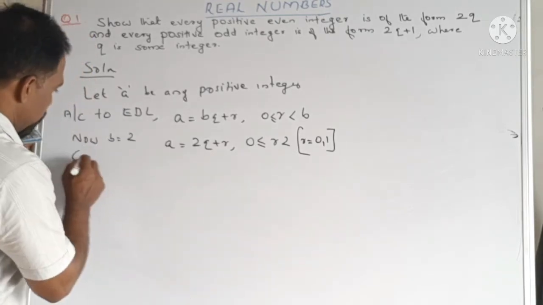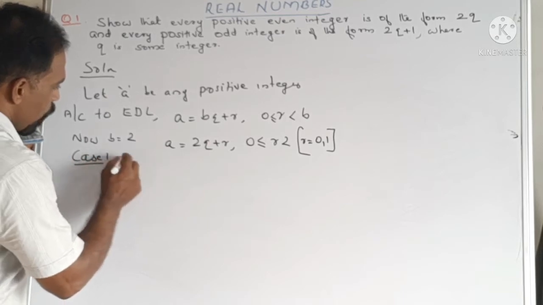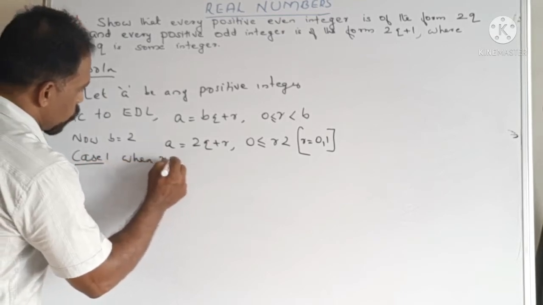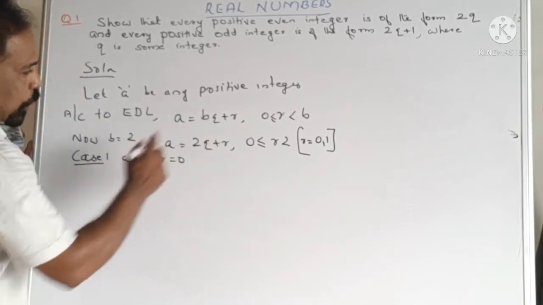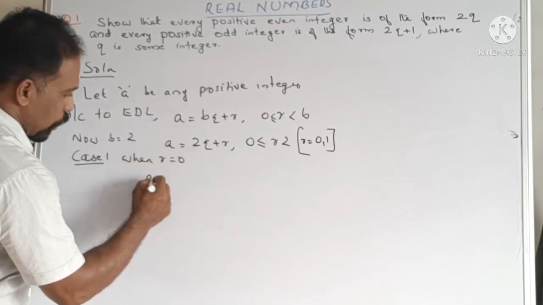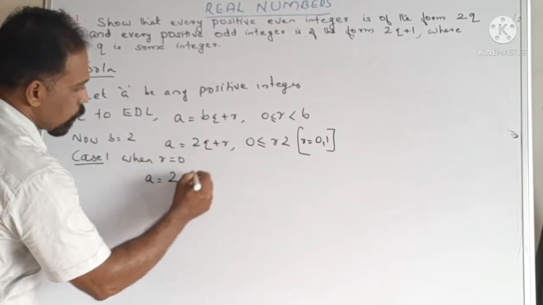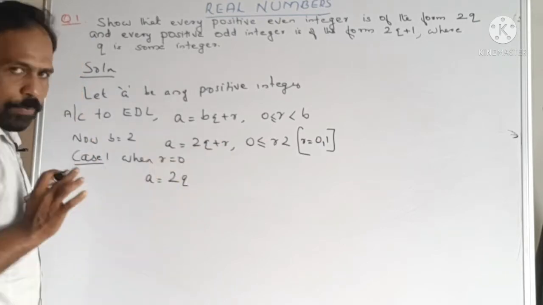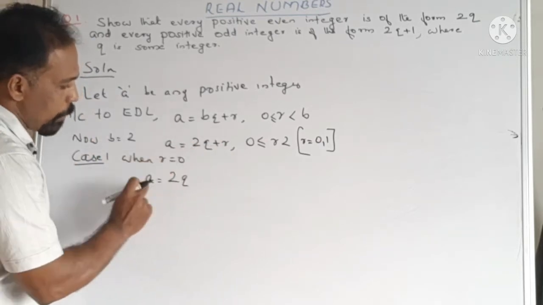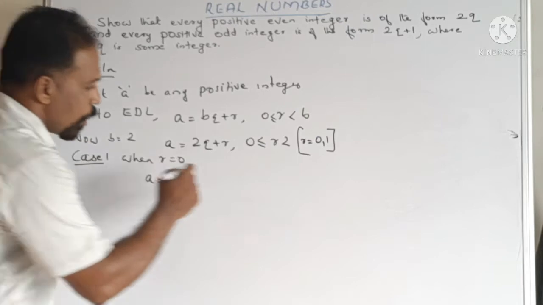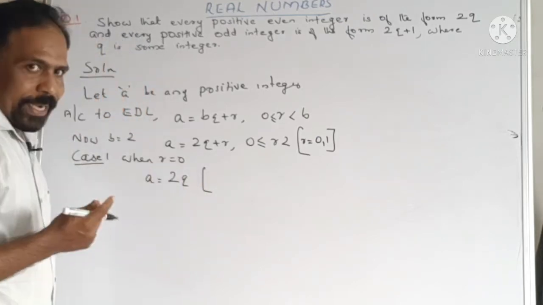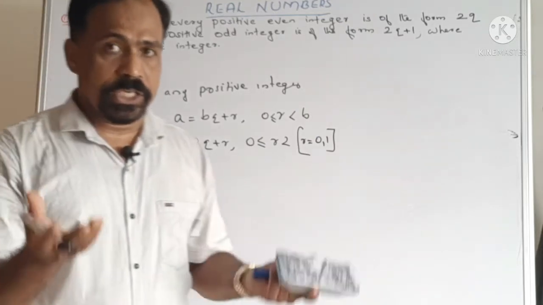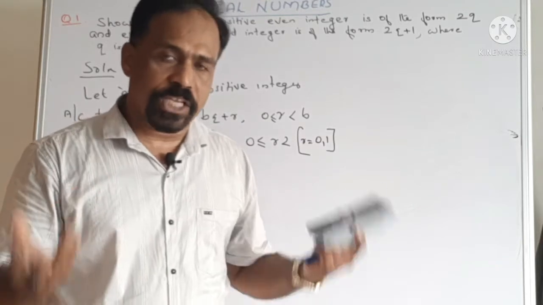So case 1, when r is equal to 0. Then our equation a is equal to 2q plus r, with r equal to 0, becomes a is equal to 2q. Now, you know that multiplication of any integer by 2 will always give an even integer.